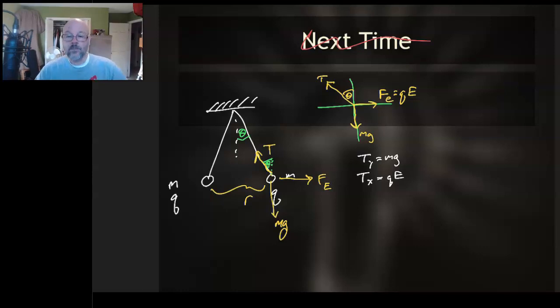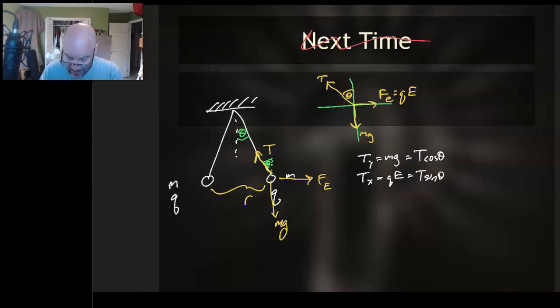Now, Ty in this case is T cosine theta, because the theta is off the vertical, not the horizontal. So the y part goes with the cosine. Don't let that throw you off. We don't usually do it that way, so it may seem a little odd, but don't let that trouble you. And then here's the T sine theta.